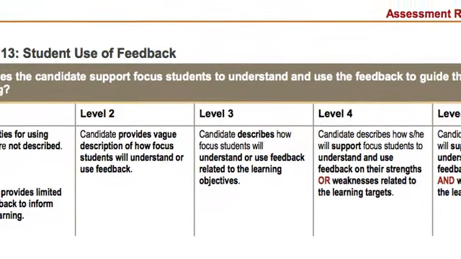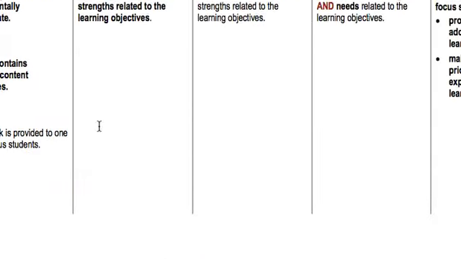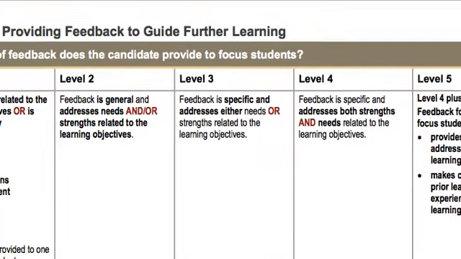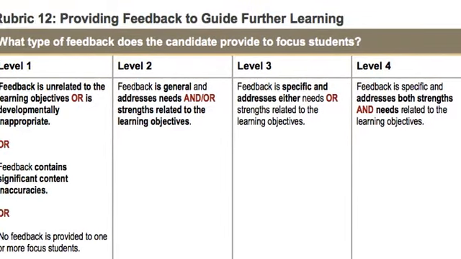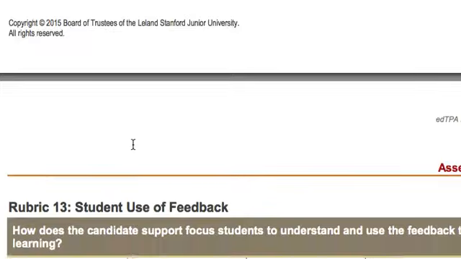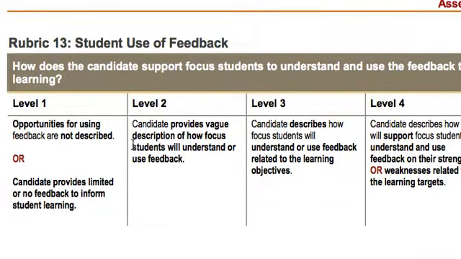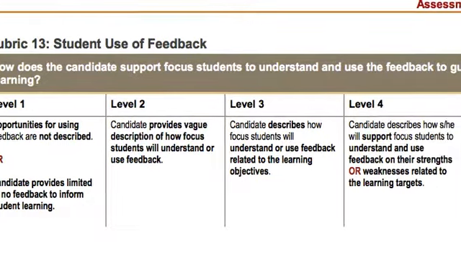And this is one I don't really get, because a 5 in this rubric is very similar to what rubric 13 is all about. Level 3, candidate describes how focus students will understand or use feedback related to the learning objective. Basically, what are they going to do with this, and how is it going to help them?